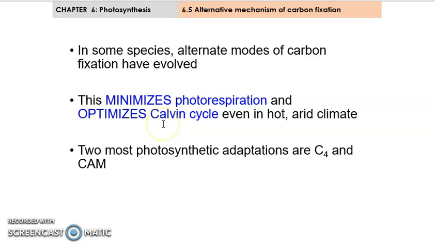Okay, dia ada dua pathway macam yang saya sebutkan tadi. Okay, the two most common photosynthetic adaptations are C4 and also CAM pathway. Disebabkan oleh, kalau kita ambil contoh untuk C4 plant, kebanyakannya tumbuhan tersebut dia akan tinggal pada hot and also dry climate.